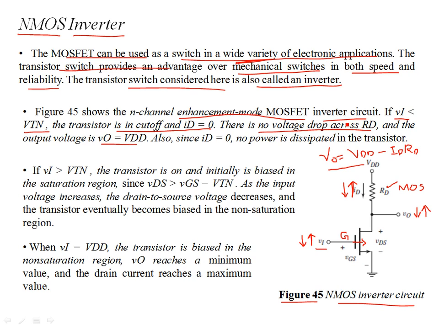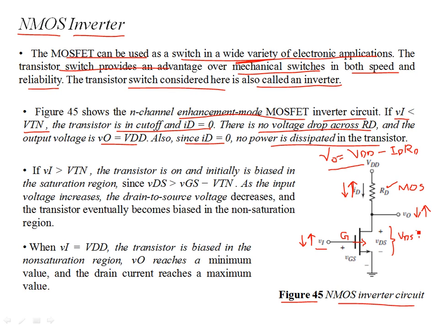So when the transistor is switched off, the output is VDD. This happens when ID is 0, and also there is no power dissipation in the transistor. The power dissipated in the MOSFET device for the given VDS is the product of VDS and the current ID flowing from drain to source.